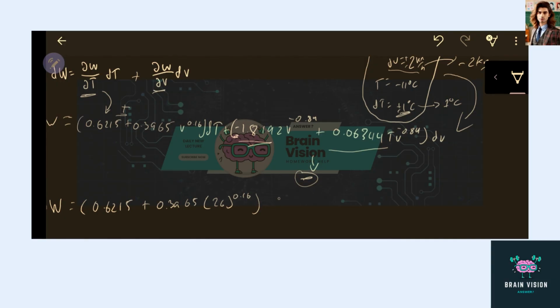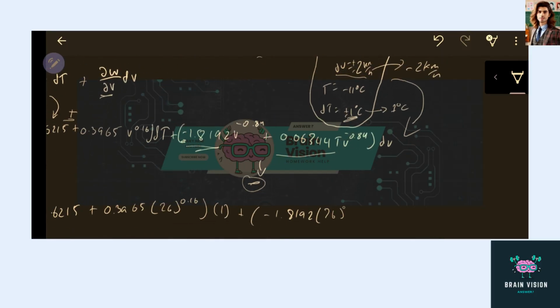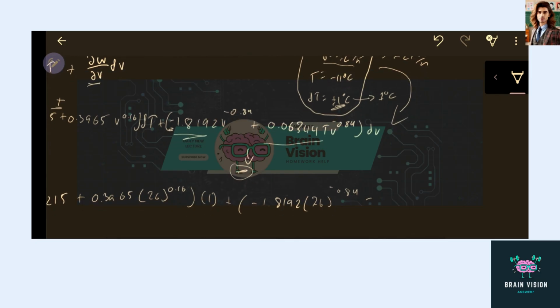And dt is, of course, just 1, plus negative 1.8192 times 26 to the power of negative 0.84 plus, it'll be minus, and then you'll do 0.06344 times negative 11, since that will be your temperature.